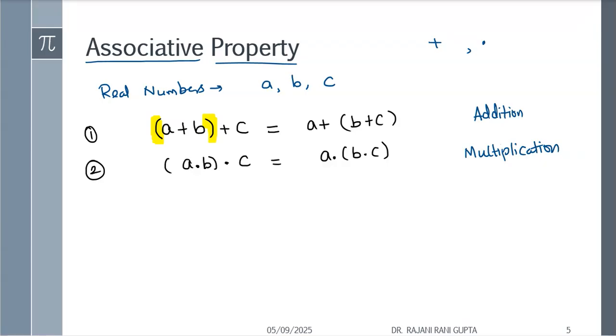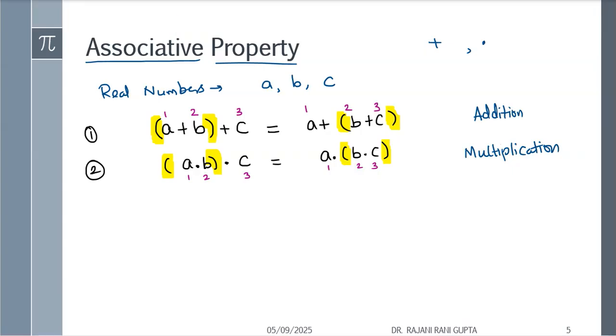On the left side, the bracket is with A and B. On the right side, the bracket is for B and C. The bracket position is changed. We didn't change the order of the numbers. A is first, B is second, and C is third on the left side, and the position remains the same on the right side. So be careful when you are using this property.